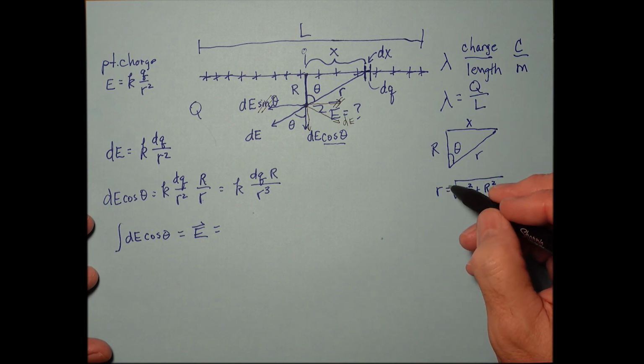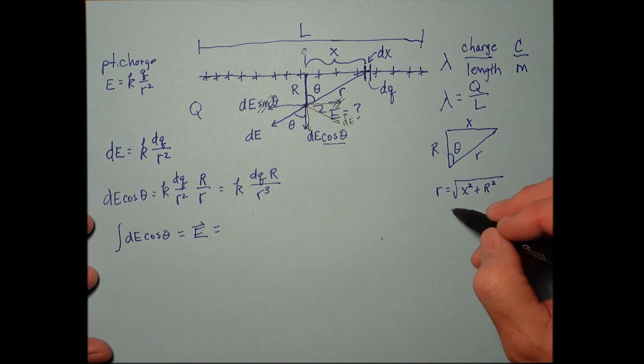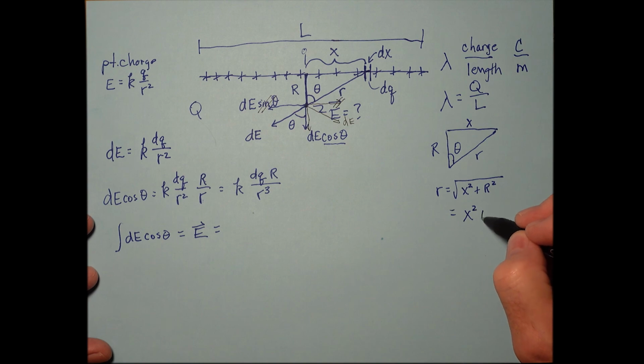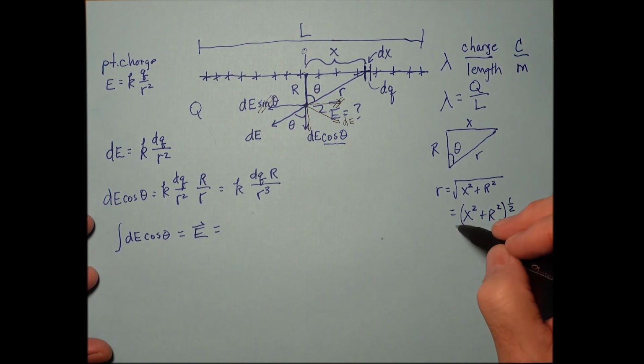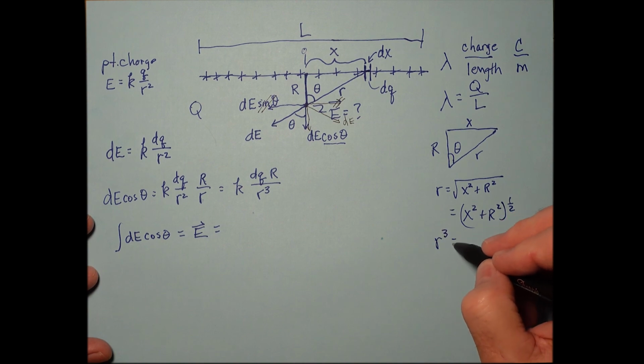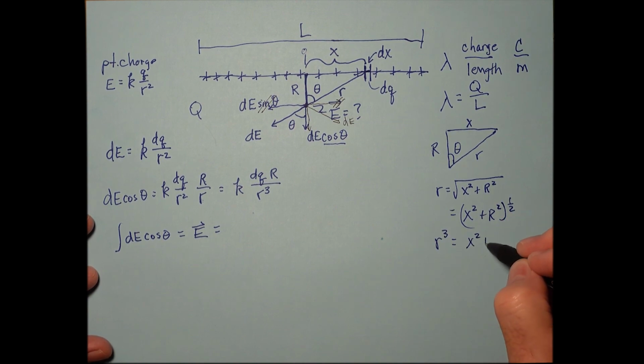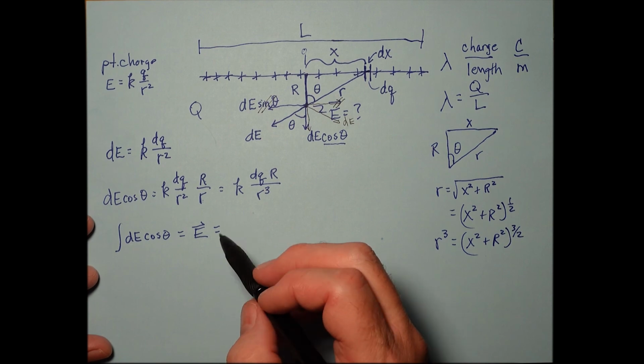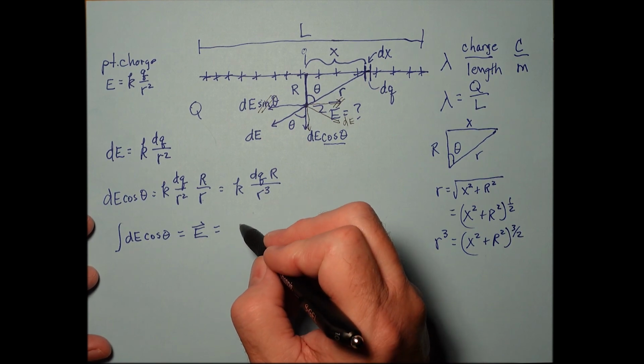So we'll just rewrite that: r is x squared plus r squared to the 1/2, then r cubed is going to be x squared plus r squared to the 3/2. All right, so let's plug that in here.